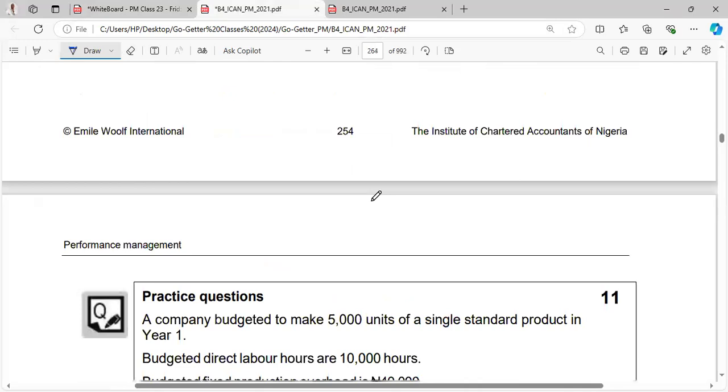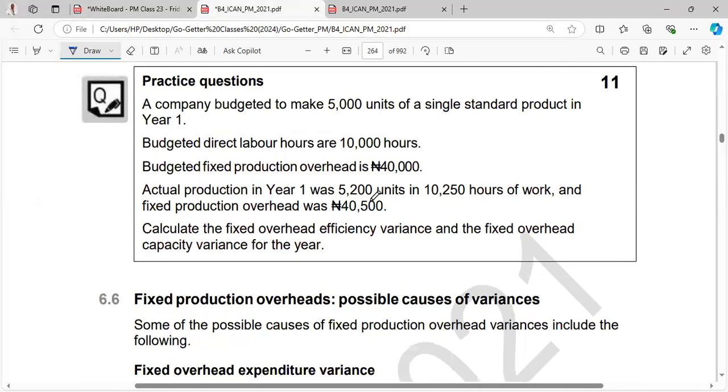Look at practice question 11. A company budgeted to make 5,000 units of a single product in year one. Budgeted direct labor hours are 110,000 hours. Budgeted fixed production overhead is 40,000.